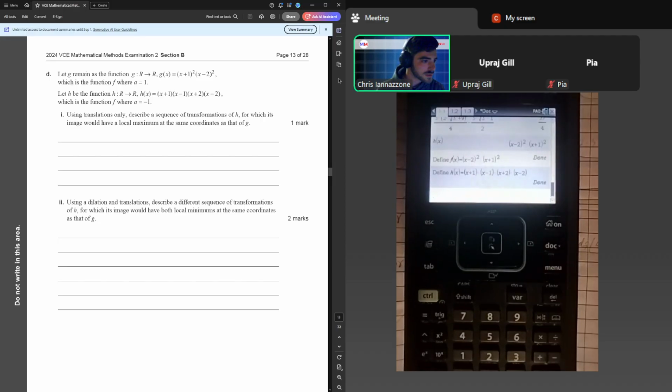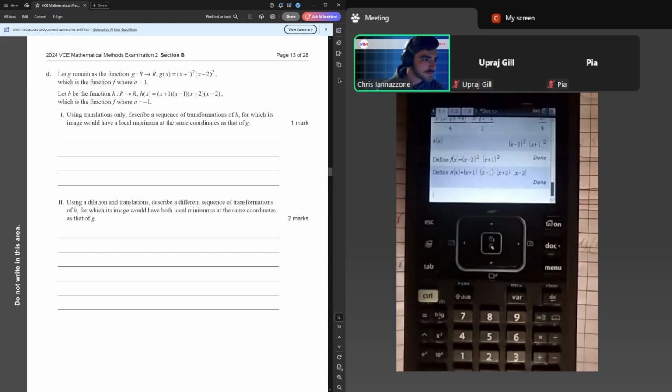A fair bit going on again, especially for a 1 marker. I haven't really looked into it too much, but I think the fact that it's f for which a is -1 matters. Or at least it could be used to simplify the amount of effort that you put in.